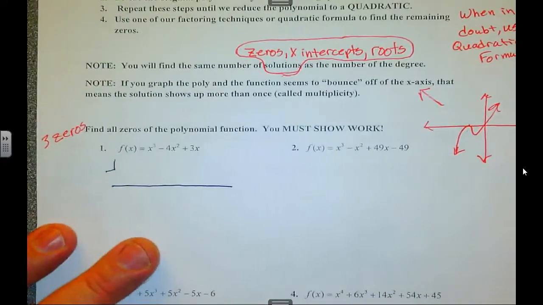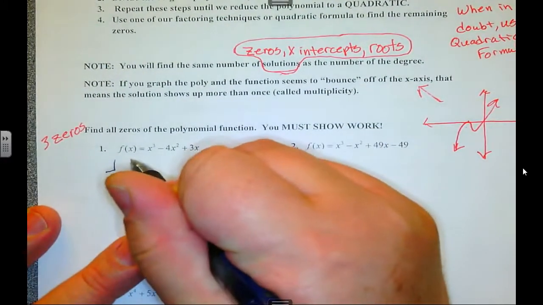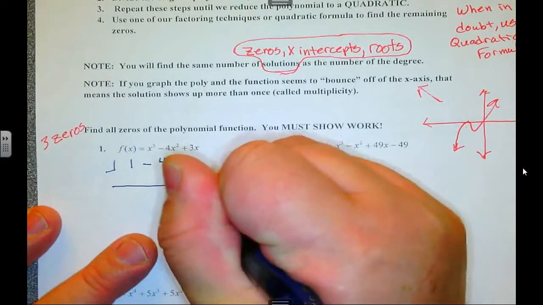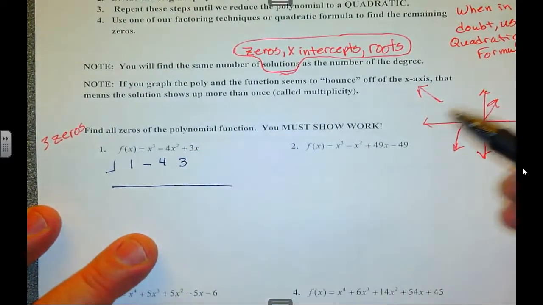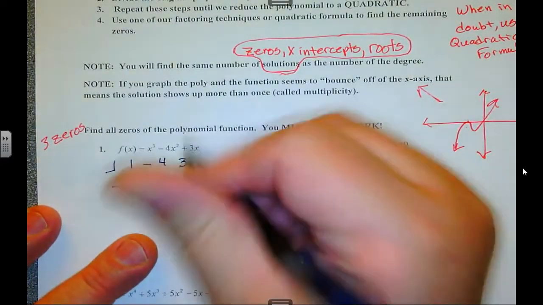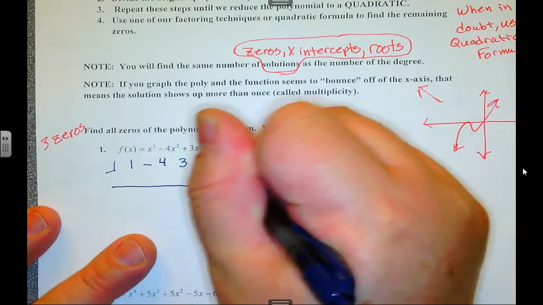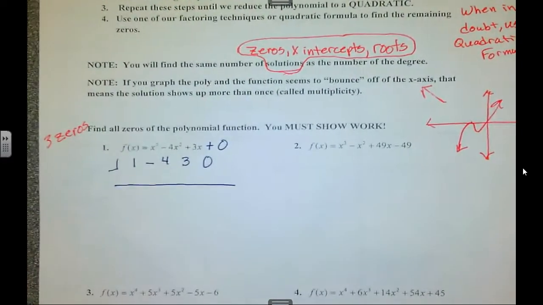What are my coefficients here? 1, -4, 3. What else? 0. Thank you. Don't forget we have a constant term there.